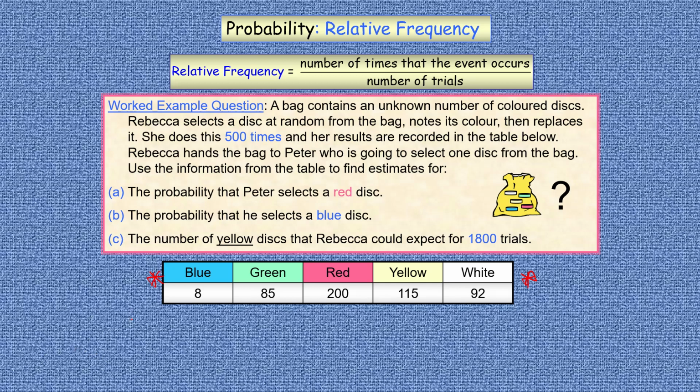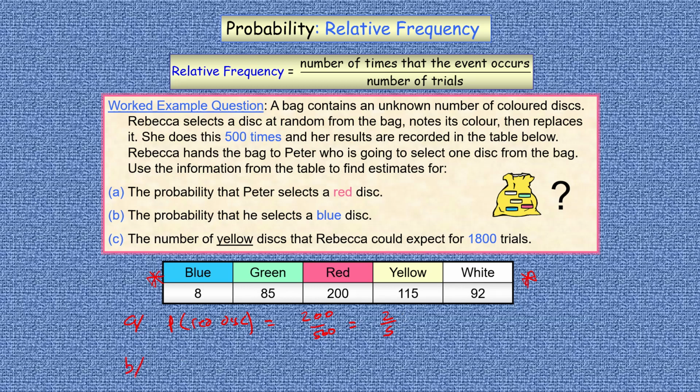So to answer A, the probability of a red disc is going to be equal to red, the chances of getting that is 200 out of the 500. We can simplify that as 2 over 5. Okay.